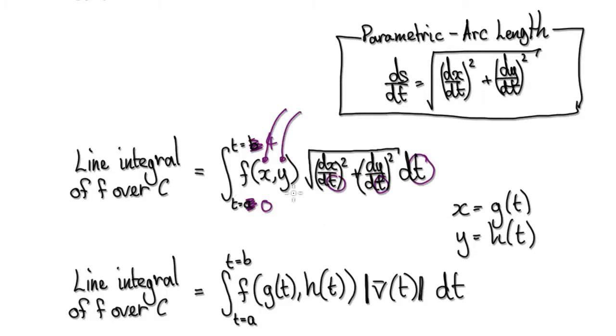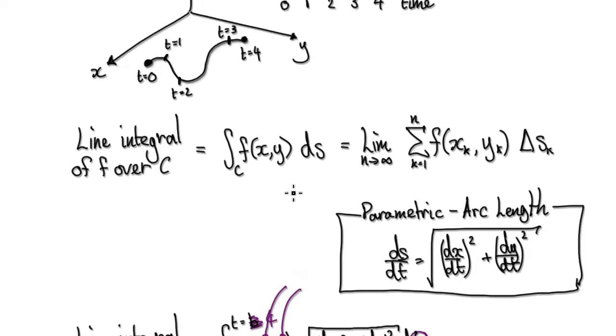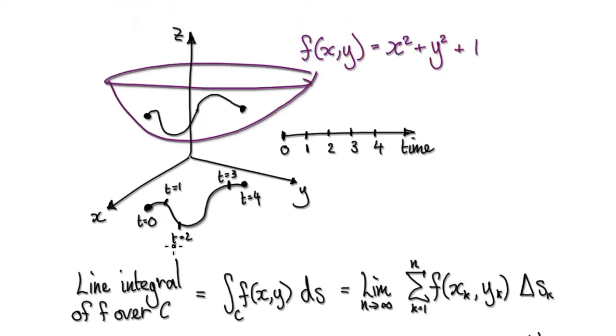As we're driving the particle along here, we always need to know the x and y location of our particle for a given time. So we need to come up with a way to describe the x and y location in terms of time.